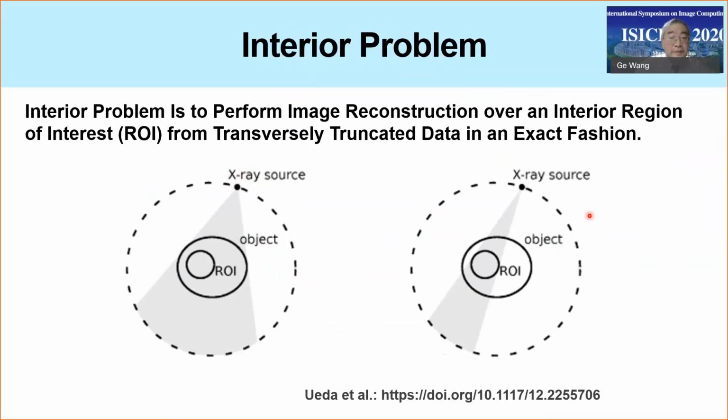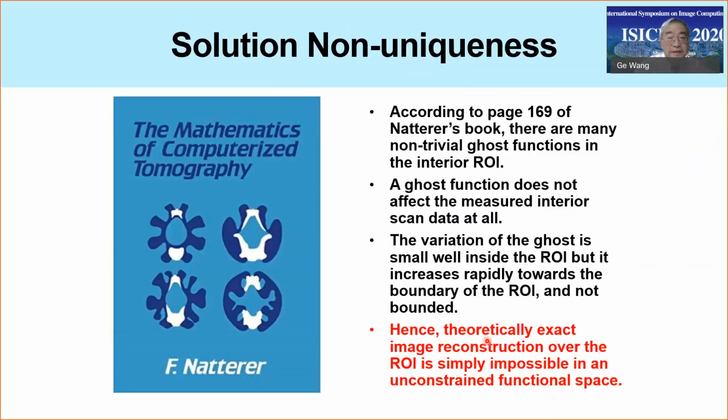In interior tomography, those of you in the CT field know the data get truncated on both sides. Traditionally, we know this interior problem does not admit a unique solution. This is in the classic textbook.